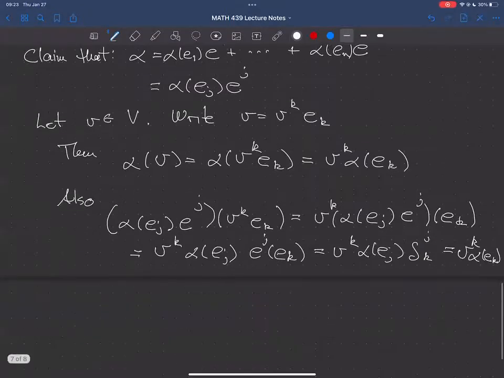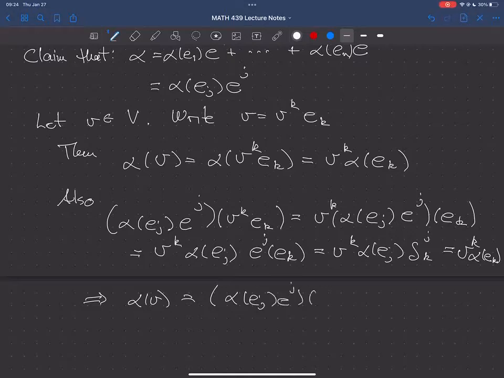And so what I've shown is that alpha of v is equal to alpha of e_j e^j of v for every v in V, which shows indeed that alpha must be equal to alpha of e_j e^j.